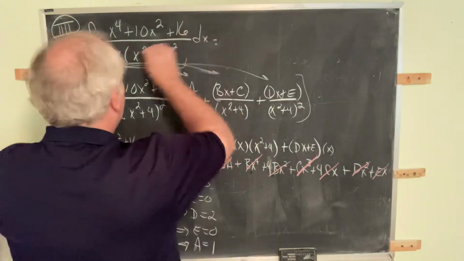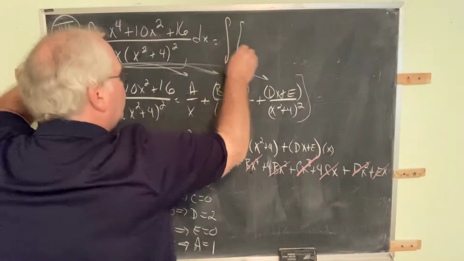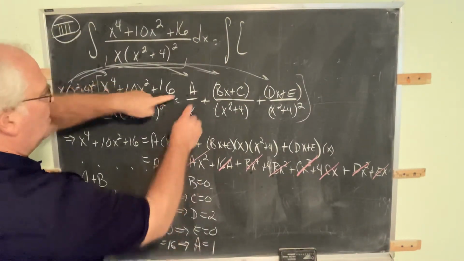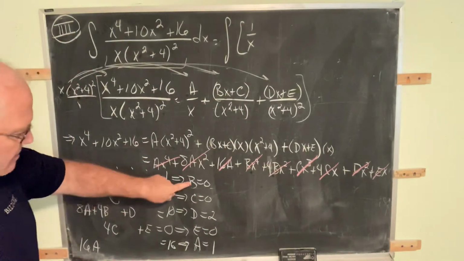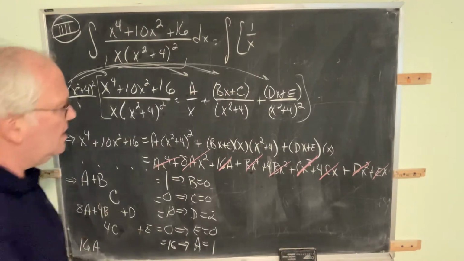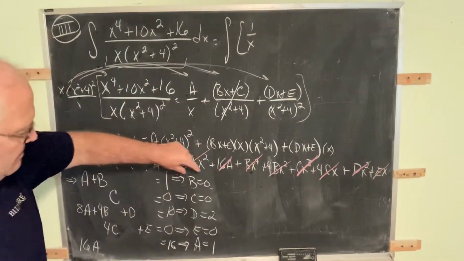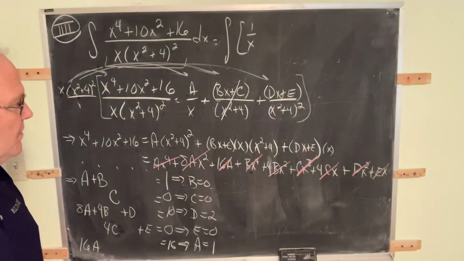And so this antiderivative is equal to this antiderivative. A is 1, so we have 1 over x. bx plus c: b is 0, c is 0, so this entire numerator is 0. This term vanishes because coincidentally, b and c both worked out to be 0.